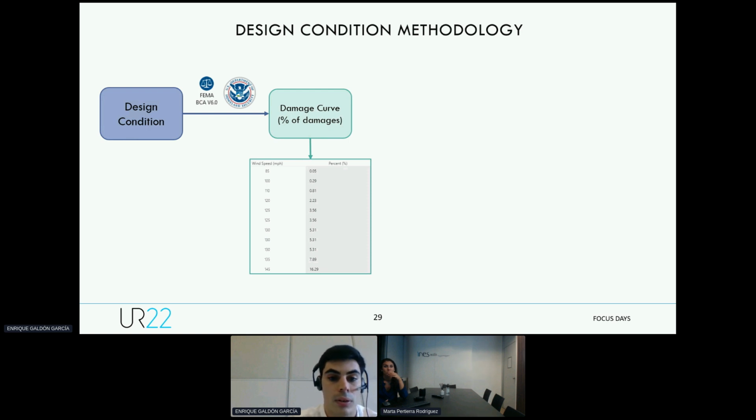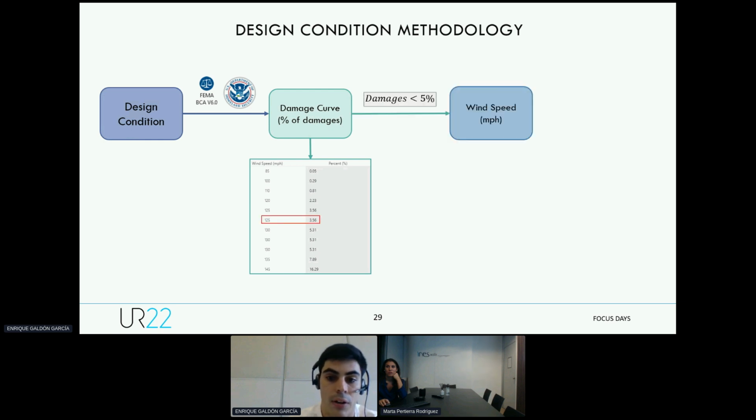This tool estimates the damage curves of the different buildings based on the characteristics of these buildings. So with these curves, it's possible to know what is the wind speed that the building can withstand with less than 5% of damages.